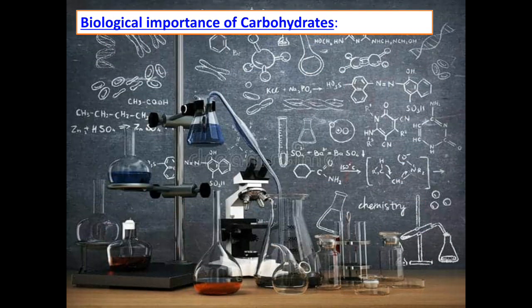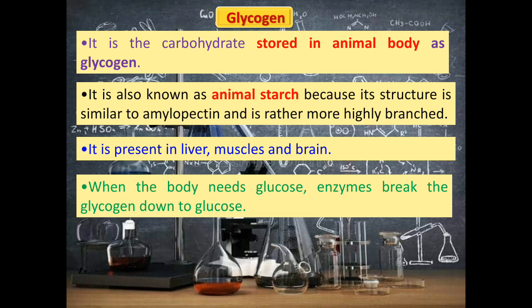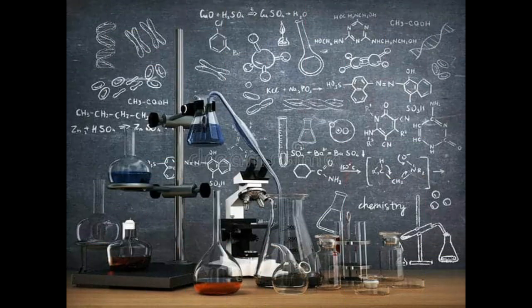Structurally, the structure of glycogen is not there for your study, because it's a highly branched structure. We have the study of starch structure as well as cellulose structure, but not glycogen structure. Remember this thing about glycogen.